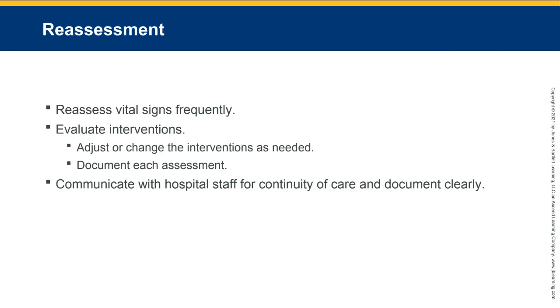After the secondary assessment, reassess vital signs frequently. Evaluate interventions, adjust or change the interventions as needed, and document each assessment finding. Communicate with the hospital staff for continuity of care and document clearly.